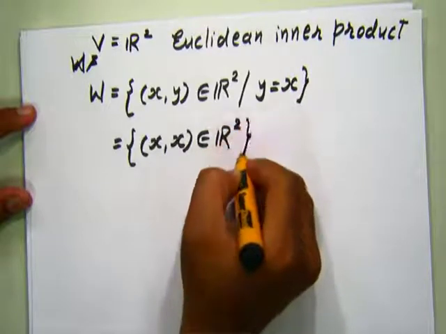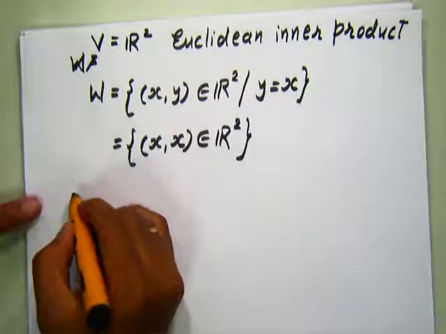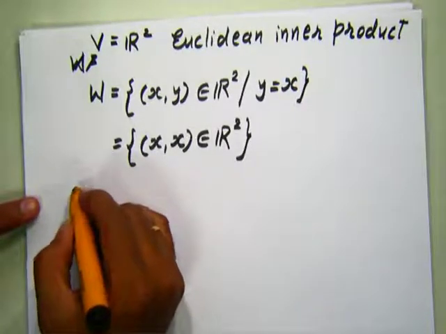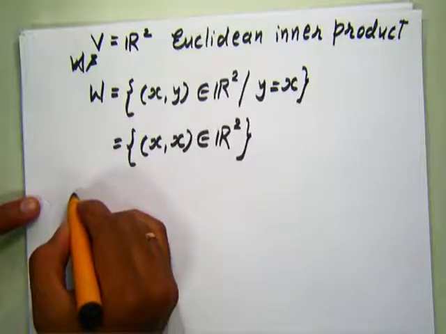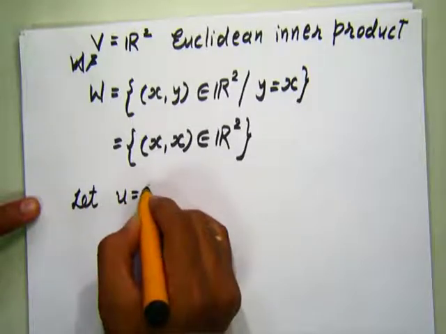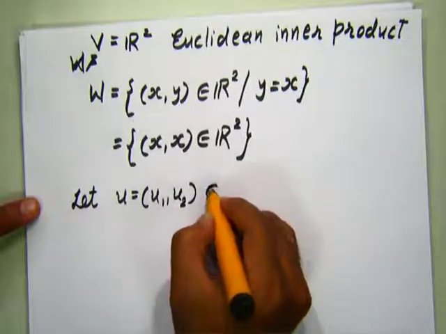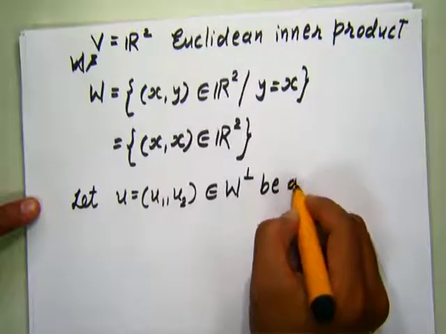So every vector of W is of the form (x, x). And we want to find W complement, the orthogonal complement. So let us take one vector. Let u equal to (u1, u2) belong to W complement be any vector.